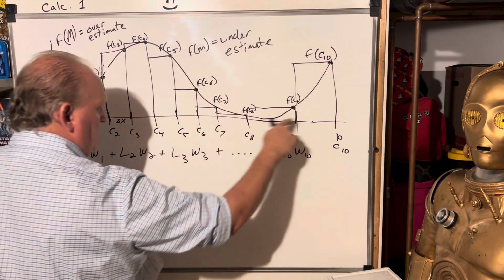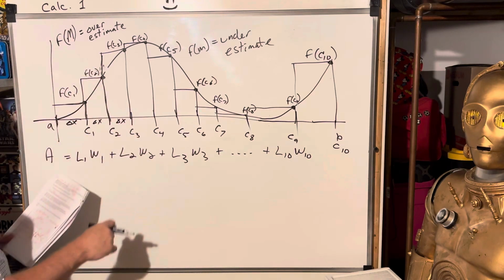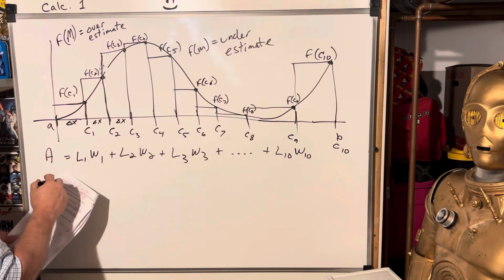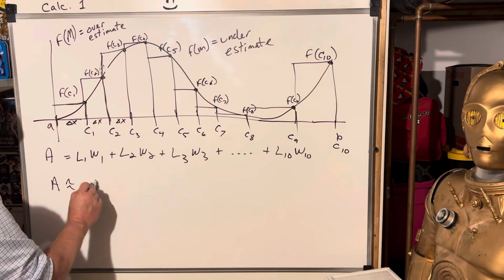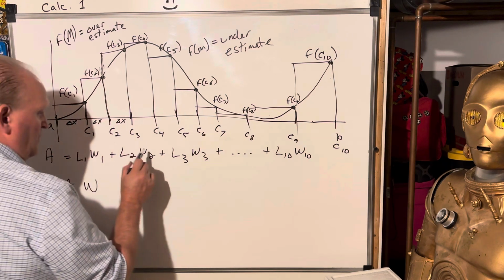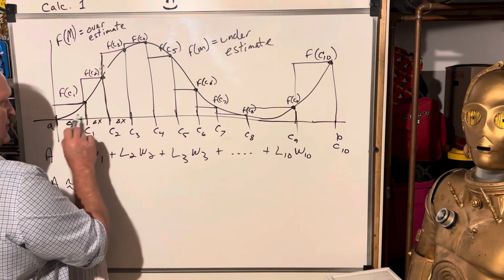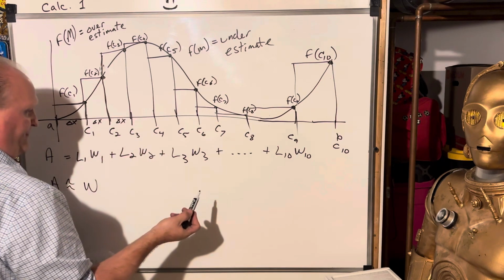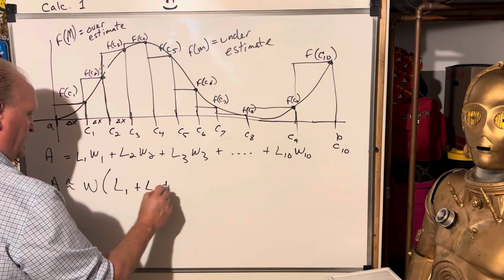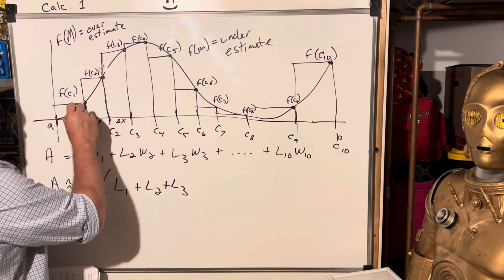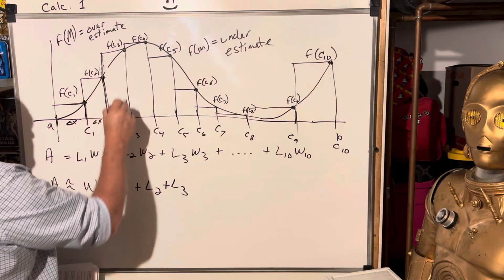The thing is, though, the widths are all the same. They're all the same widths on the bottom. So I could pull that out as a width. So the area is approximately the width, since W1, W2, W3, those are all the same, times L1 plus L2 plus L3. So that's this length, this length, this length.